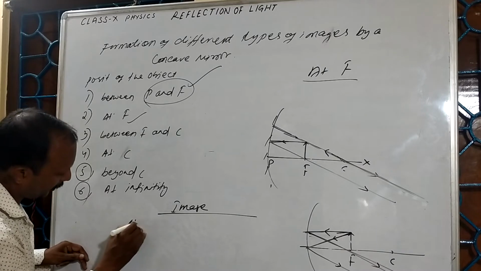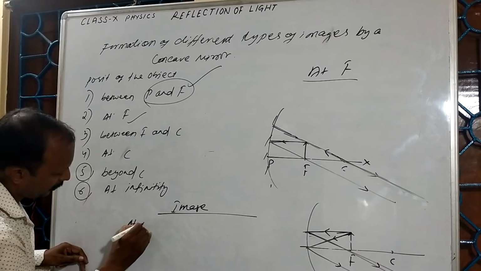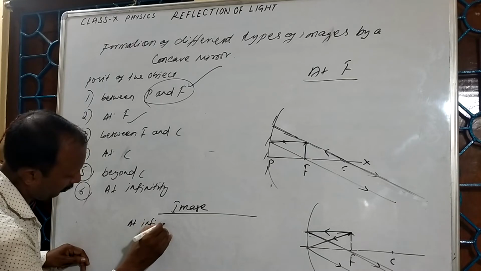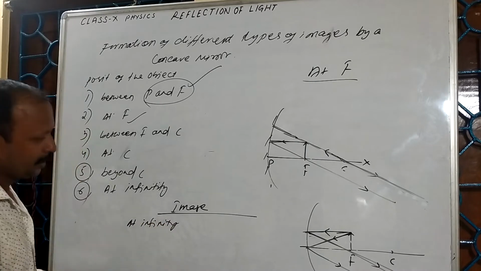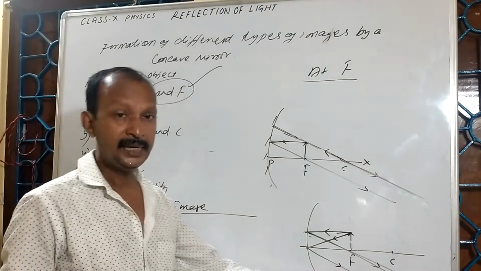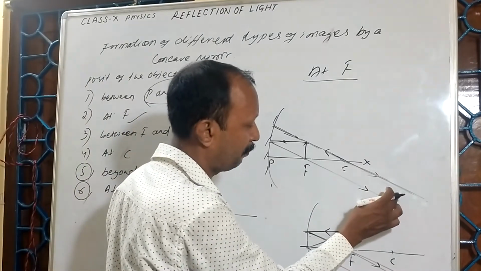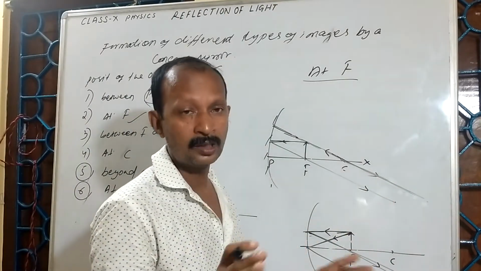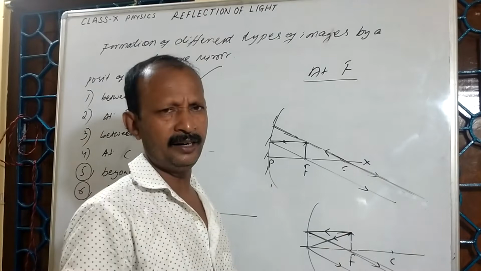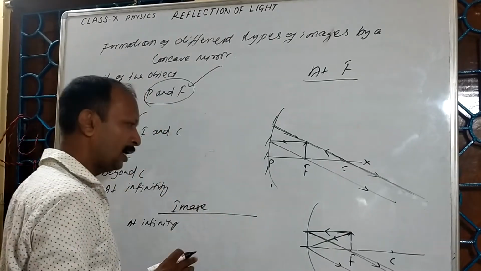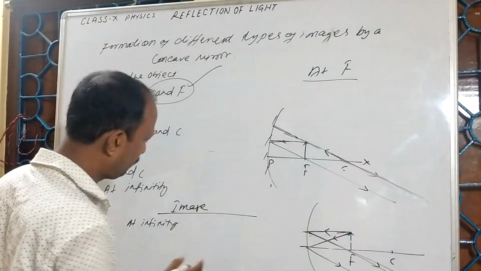Image formed at infinity, because these are the parallel rays. They won't meet. Let it meet at infinity. So at infinity, what type of image?